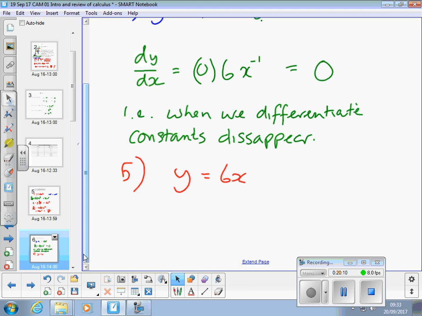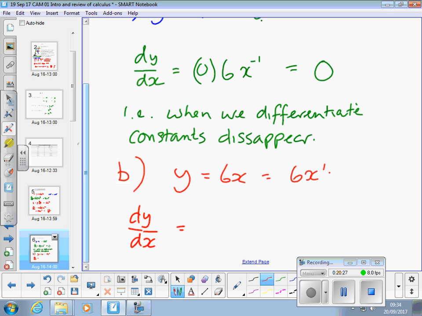So I've just added a power of 1 on there. Then if we apply differentiation to that, dy by dx is equal to, we've got multiplied by the index, take 1 off, yeah, so it's 1 times 6 times 1 is 6.